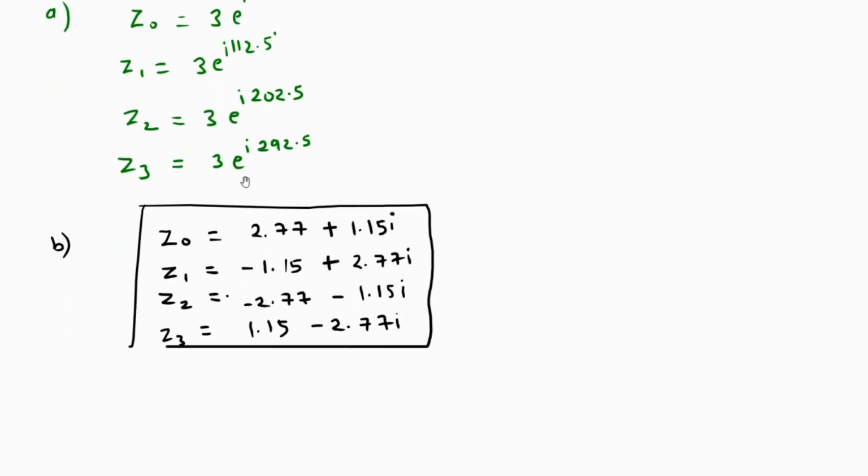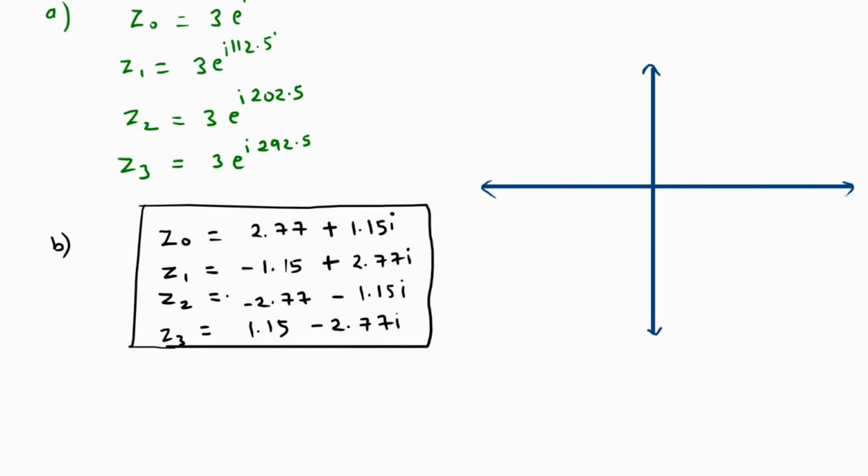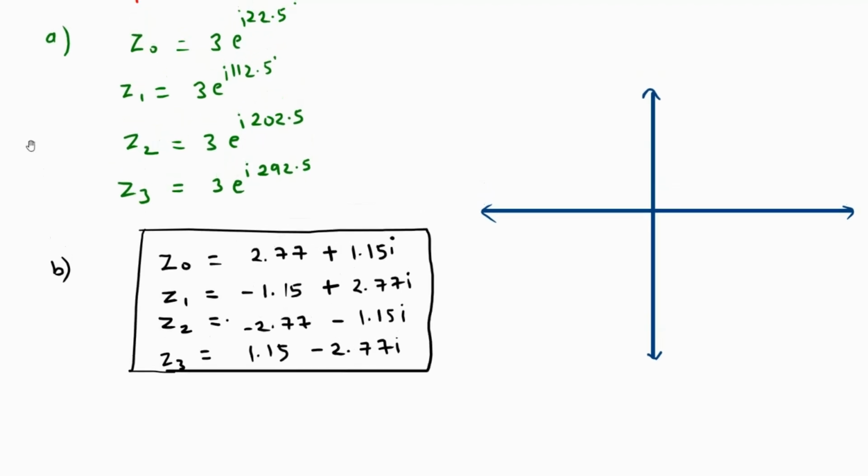And if you want to draw this on an Argand plane, that's also pretty straightforward. This is a circle of radius 3 first off, because all the roots have magnitude 3. The first angle is 22.5, so 22.5 is somewhere over here, so this is z0. z1 is 112.5, it's somewhere over here.